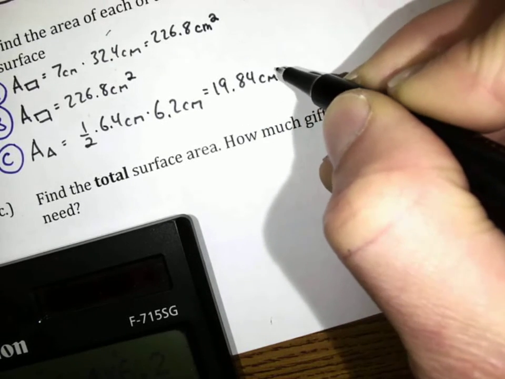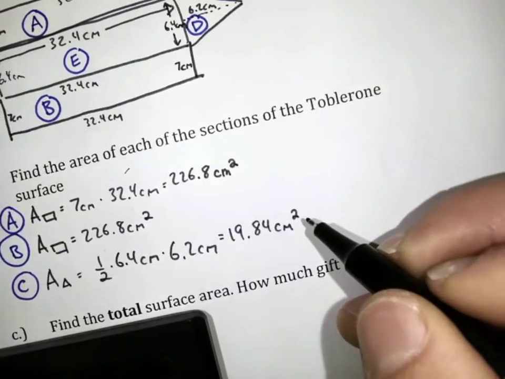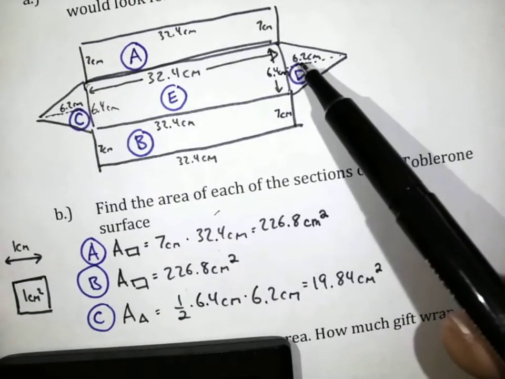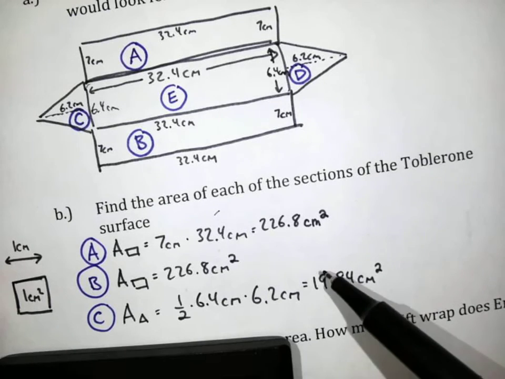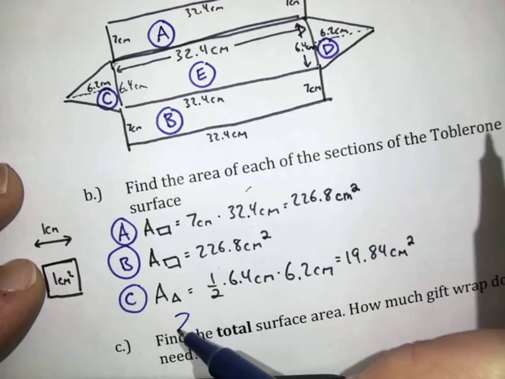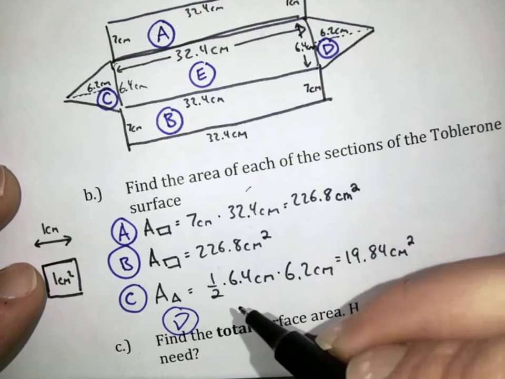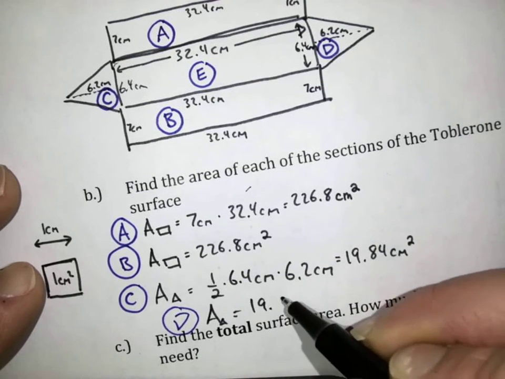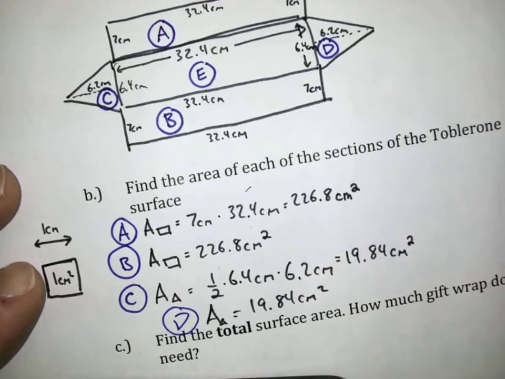And again, we're talking in centimeters squared. And I know there's another triangle with identical dimensions to this one. So I could, if I wanted to, just multiply that by 2. I'm going to, again, just find these separately for added clarity. And that'll be 19.84 centimeters squared as well.